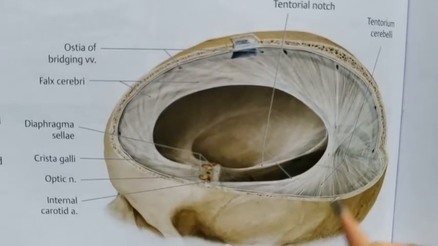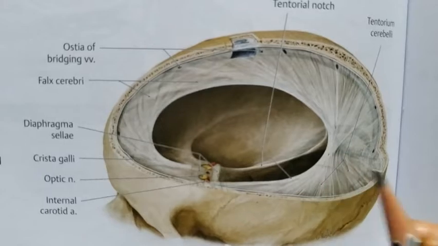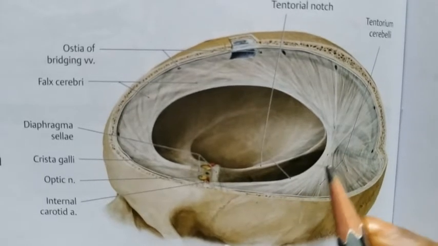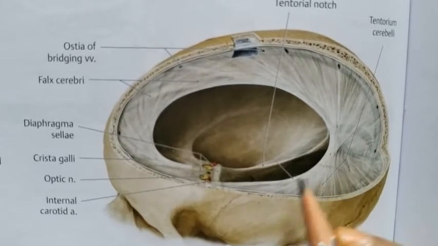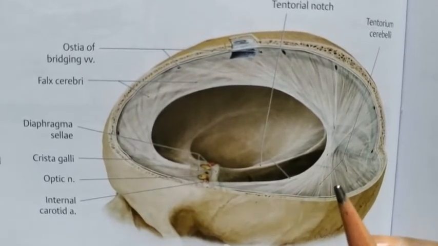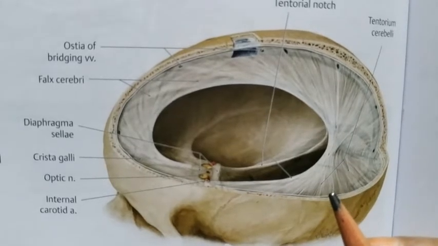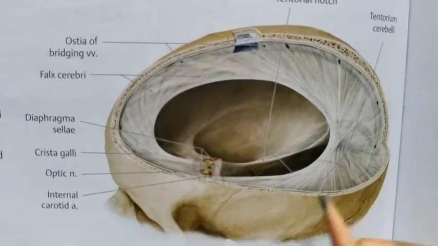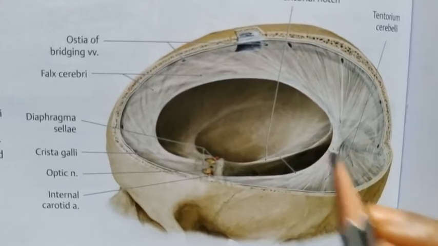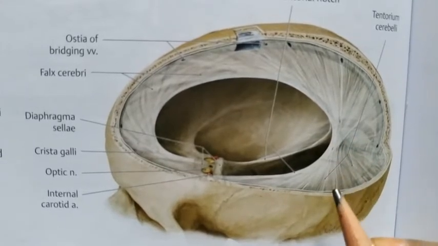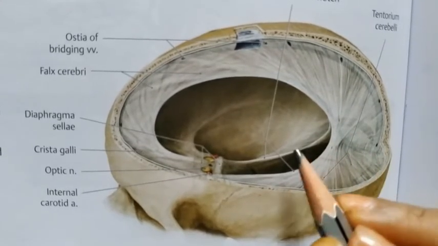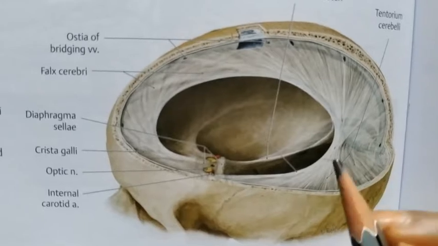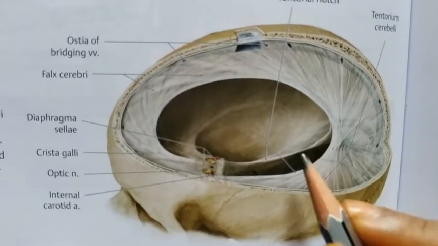The attached part is attached to the periphery and the free part is present anteriorly to the median plane. Posteriorly, the attached part contains the pair of transverse sinuses.